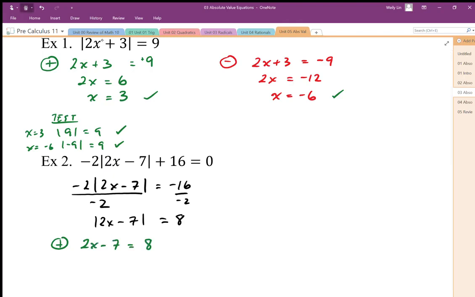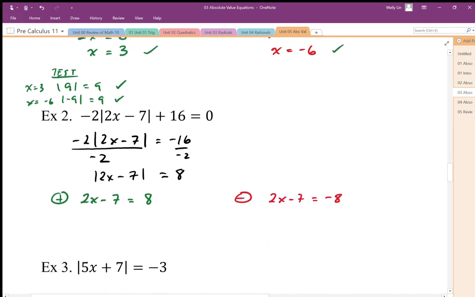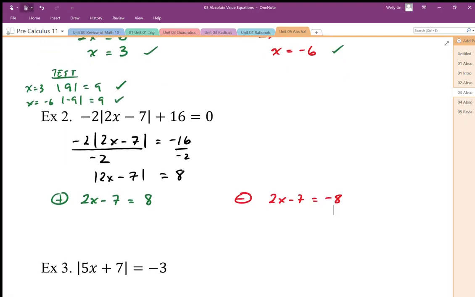We also need to consider the negative version: if the 2x minus 7 calculated to negative 8, that would still give us positive 8 for our absolute value. Going ahead and solving this, add 7 to both sides, divide by 2, and I end up with 15 over 2 as one solution. Do the same thing over here: add 7 to both sides, divide by 2.